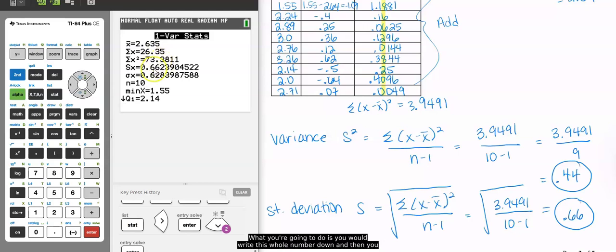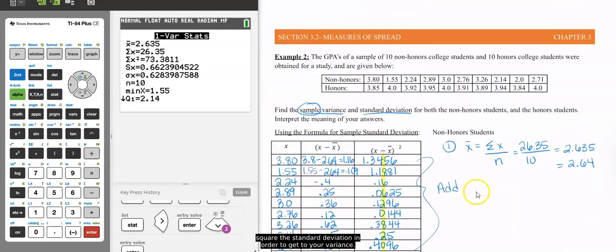So what you're going to do is write this whole number down, and then square that in your calculator, and that would tell you what your variance is. So just a word of caution, you do have to square the standard deviation in order to get to your variance.